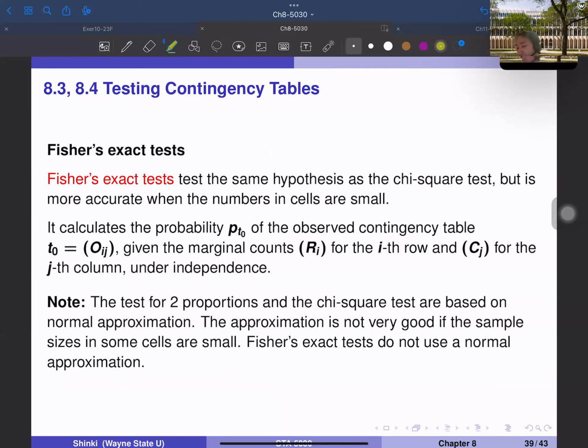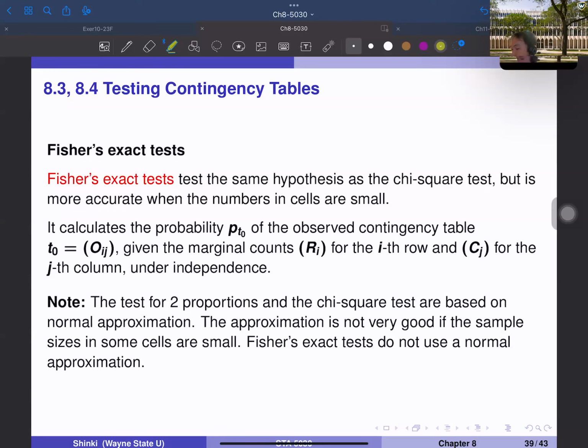Actually, some people resist the idea of Fisher's exact test, so it's not clear which test is better, but many people use Fisher's exact test if the number of observations is small. At least this has a foundation for a smaller number of observations in each cell.